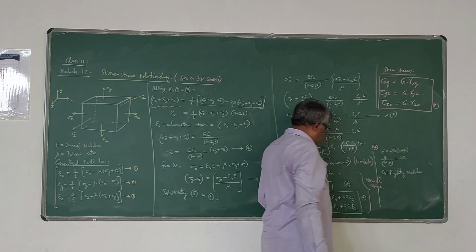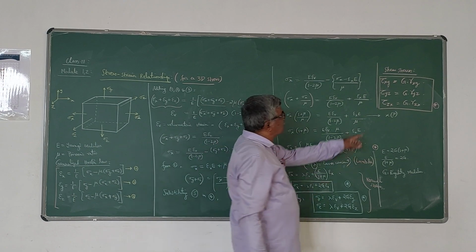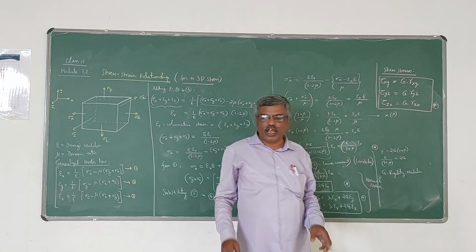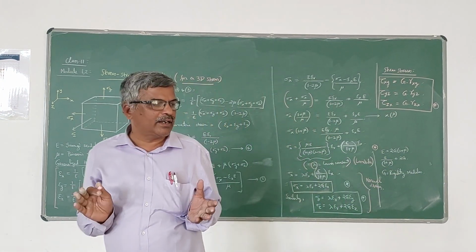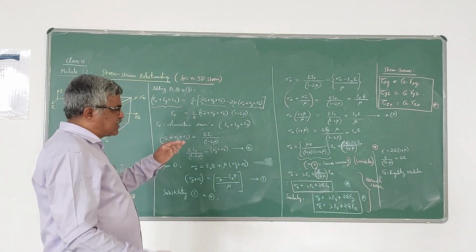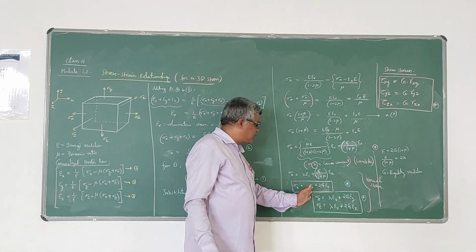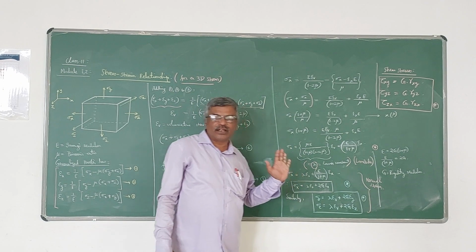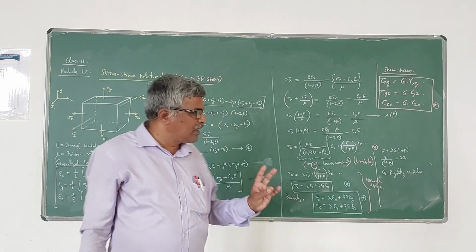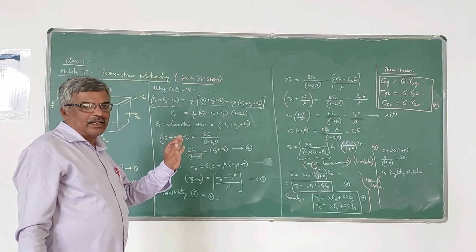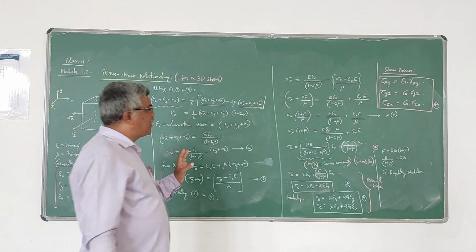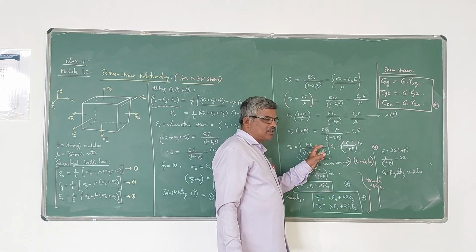These are used to find the normal stresses, and these are used to find the shear stresses. A problem may be given where they give all 6 strain components: epsilon x, epsilon y, epsilon z, gamma xy, gamma yz, gamma zx, and any 2 elastic constants.